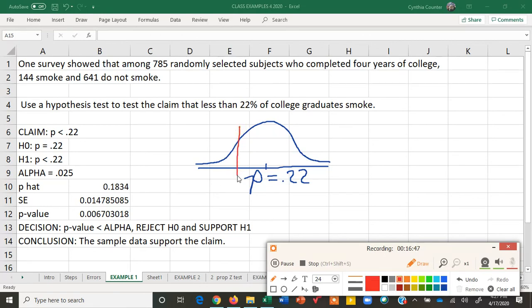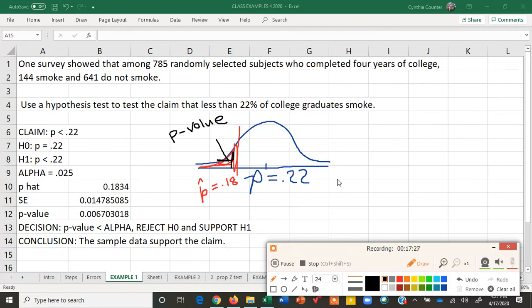So here's our 0.18, and that is our p hat. The p-value will be this area here in the tail, and this time it was small.